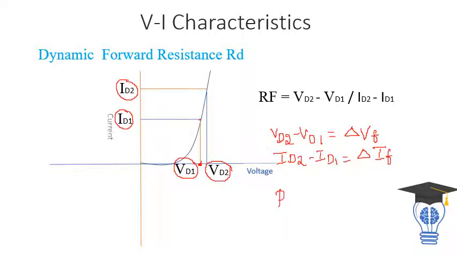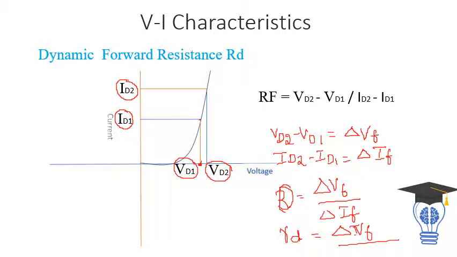Now resistance is change in voltage by change in forward current. This resistance is normally represented as RD, which is called the dynamic resistance of a diode whose forward characteristics is shown in the diagram.